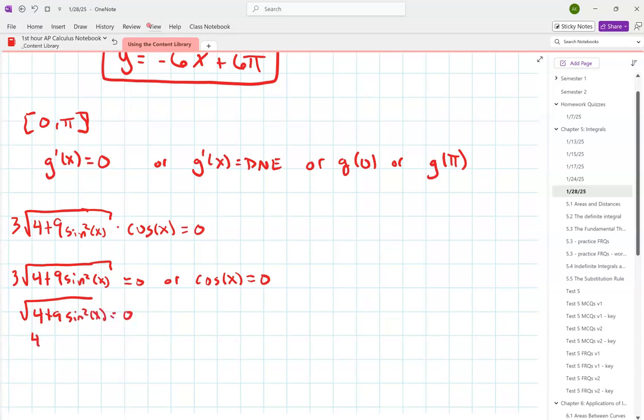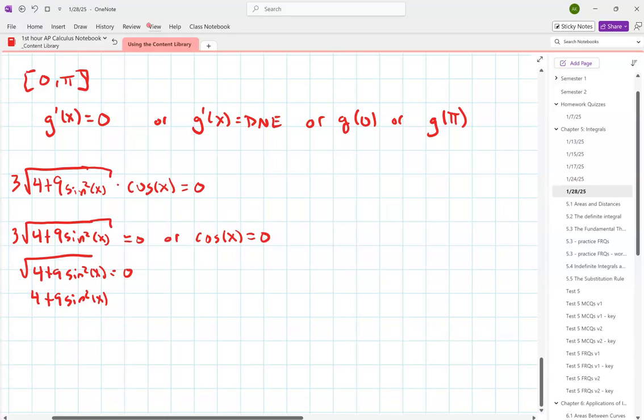And I square both sides. And then I subtract 4 from both sides and then divide by 9. At this point I can stop because I realize there's going to be no solution to this. How do I know that? Can't take the square root of a negative, right? So I have no solution from that part.